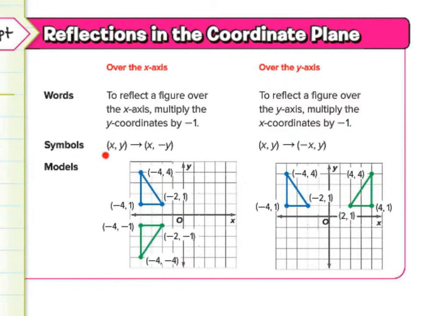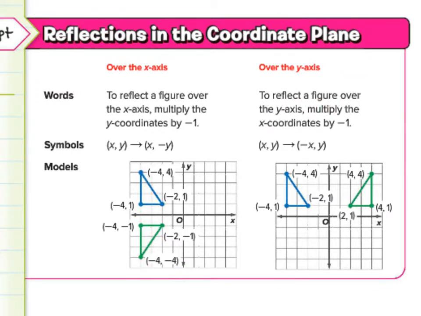So it would go like this. We're trying to go over the x, right? So we have to move vertically, up or down, to go over that axis. So that means if we're moving up or down, we need to change the y. And they're telling us to multiply our y coordinate times -1, so it makes it into a negative. And we move in the opposite direction, vertically. And you can see it down right here. There's a reflection, okay?